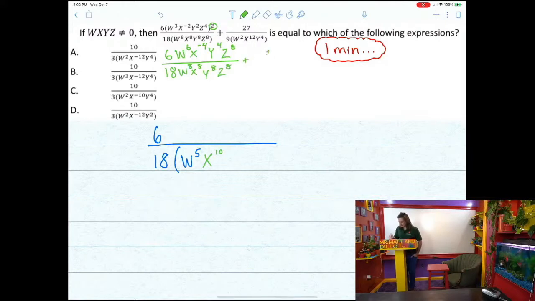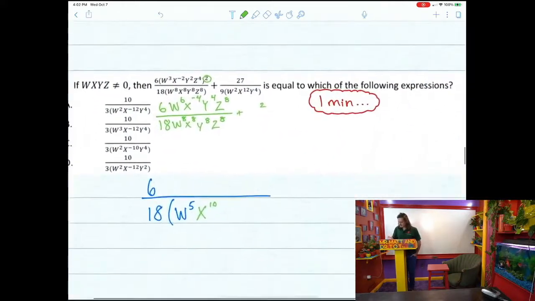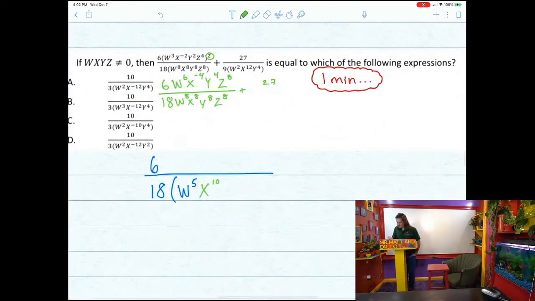And then this one is going to stay the same. We have 27 over 9 times w squared, x to the 12th, y to the 4th.